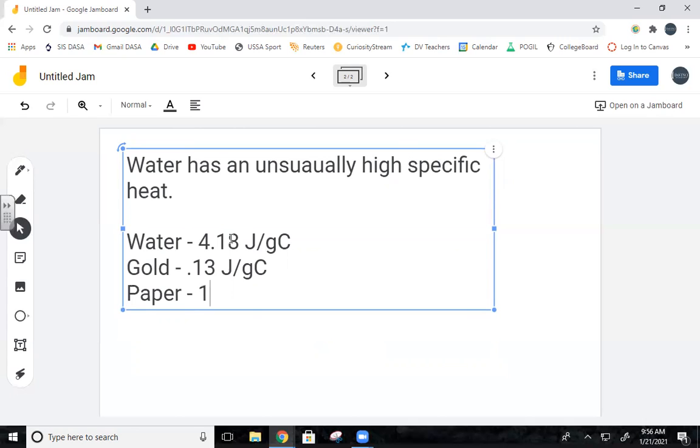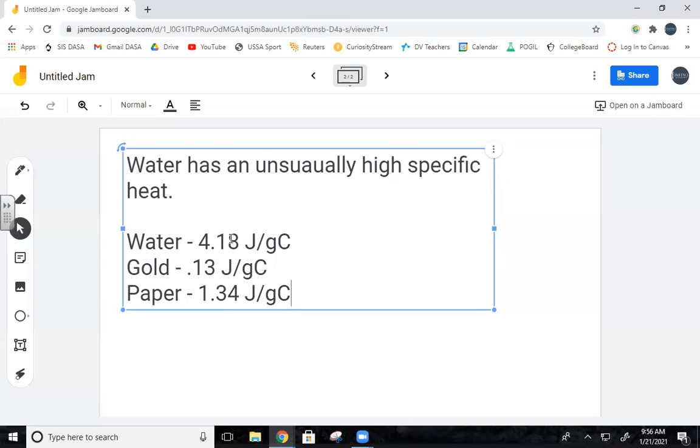The specific heat of paper is 1.34 joules per gram Celsius. Okay? So water is not quite 4 times, 3 times more difficult to heat than paper.